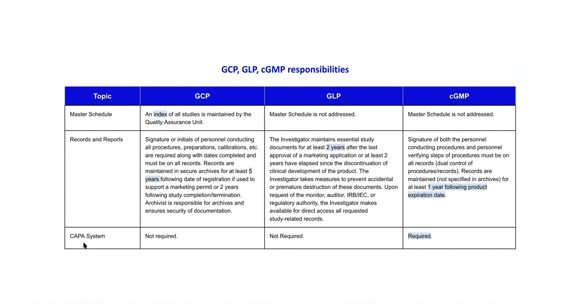Regarding the CAPA systems, I think that this is something that is having more value every day. In this case, we're talking about corrective actions, preventive actions. They are not required in GCP. They are not required in GLP. Of course, they are required in the good manufacturing practices.